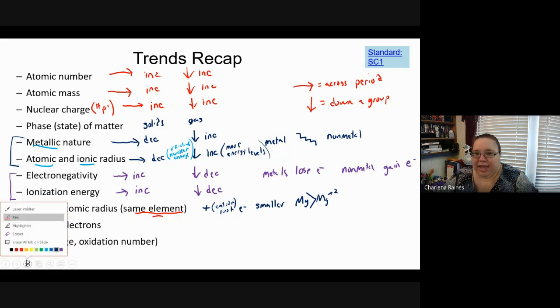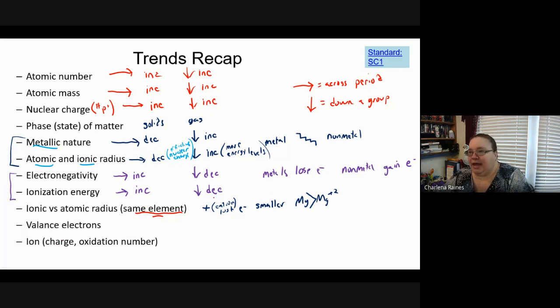If I look at my negative ion, we have gained electrons and my radius increases for my ion versus the parent element. So my normal element is going to be smaller than that ion.